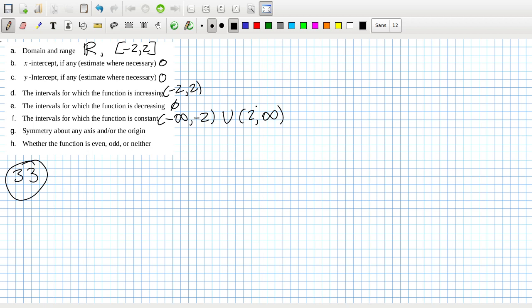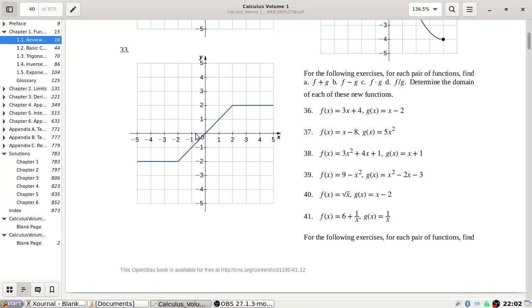It says the intervals, which is making me think maybe I shouldn't really have the union symbol in these answers, instead just separate them with a comma. So in the previous answers too, maybe a comma would be more appropriate than the union symbol. But maybe I shouldn't sweat too much about these little things.